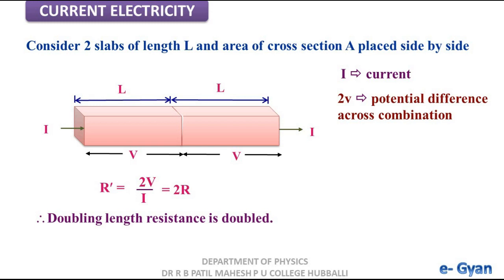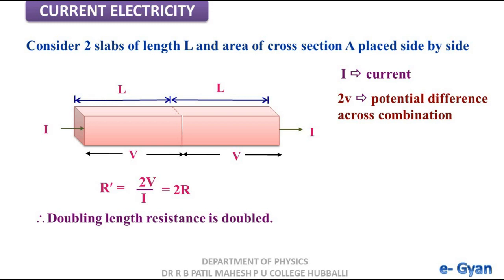If we increase the length by 3 times, resistance also increases by 3 times. If we increase the length by 10 times, resistance increases by 10 times. If we increase the length of the conductor by n times, its resistance increases by n times.